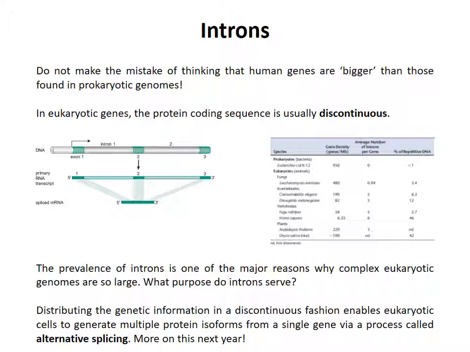So the reason why it looks as though the genes are larger is simply because they're spread out over a much bigger area. The protein coding sequence in eukaryotic genes, as I've mentioned, is usually discontinuous, and depending on the complexity of the organism, the amount of discontinuous or intronic information increases.